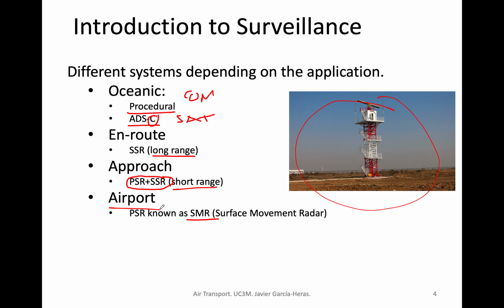And finally, at the airport, we have this primary surveillance radar called surface movement radar.